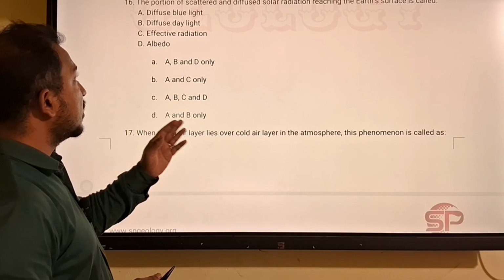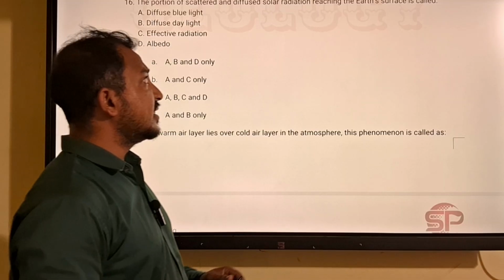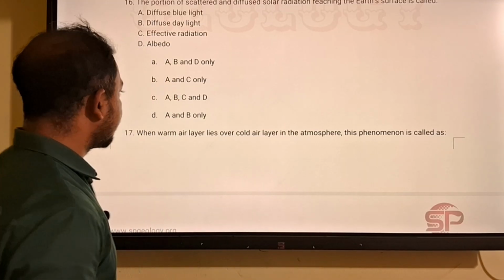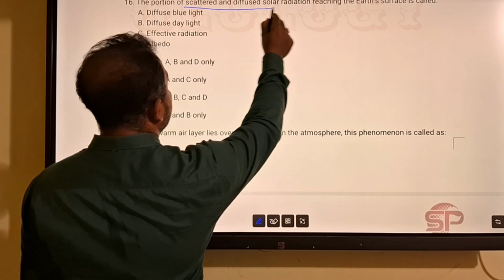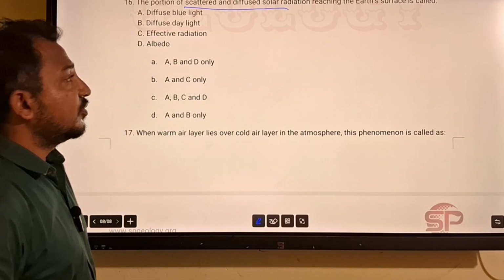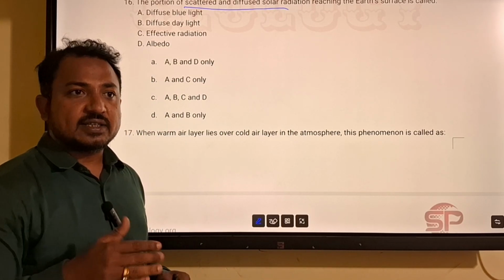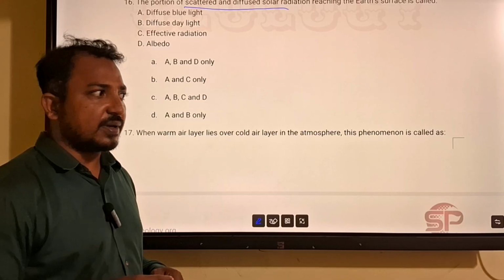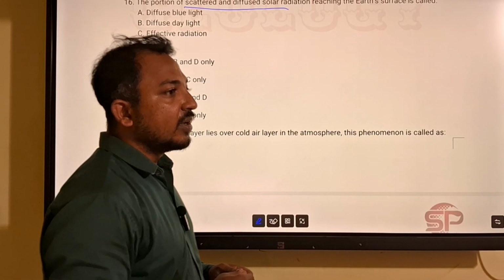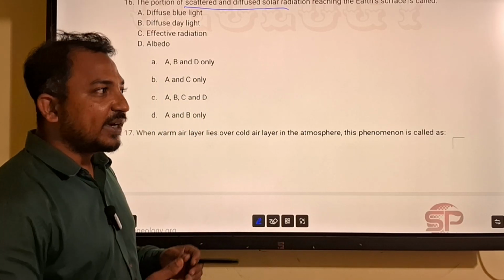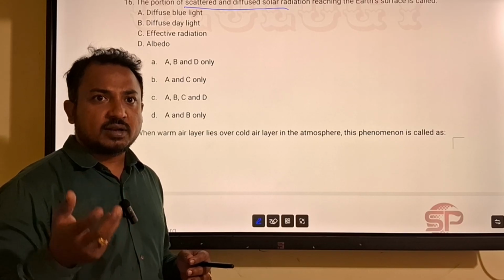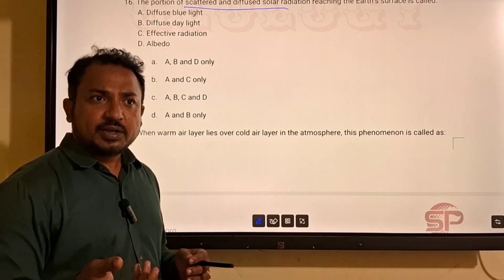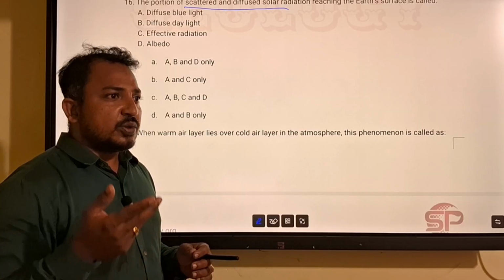Then the portion of scattered and diffused solar radiation reaching the Earth's surface is called as. So the incoming solar radiation from the sun, the electromagnetic spectrum, when it travels through the atmosphere, interacts with particles like dust particles or water vapor particles.